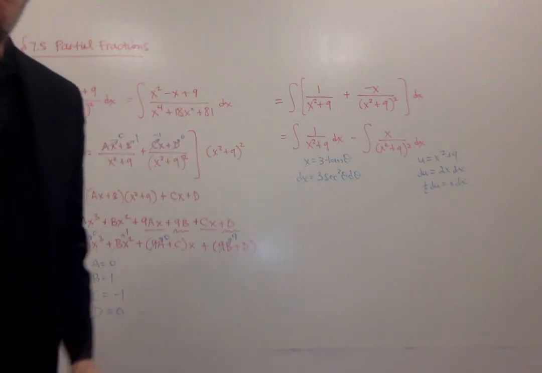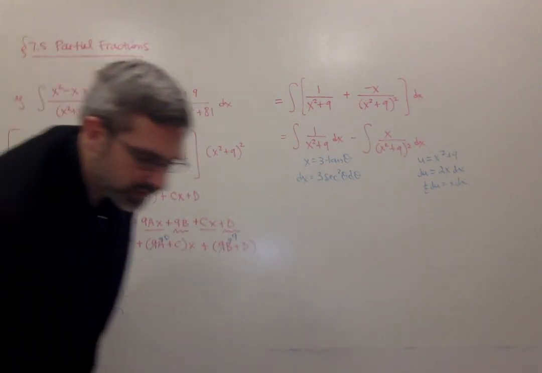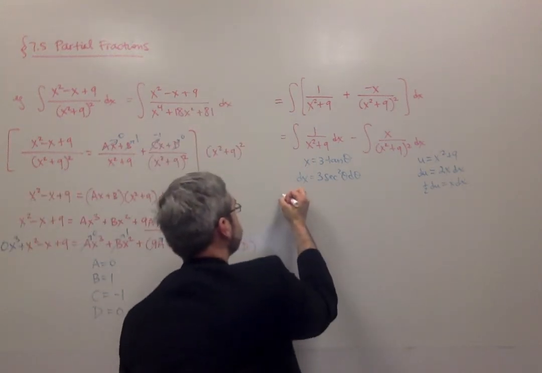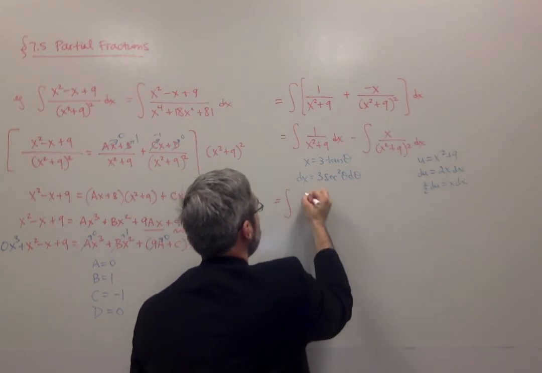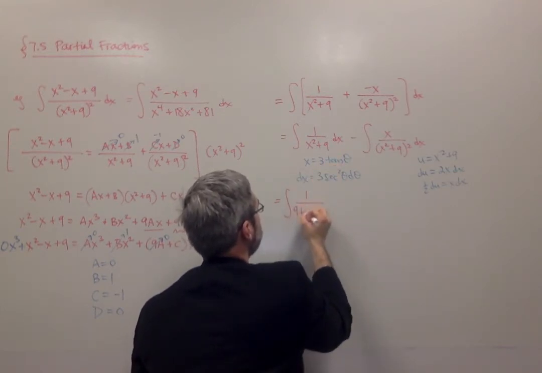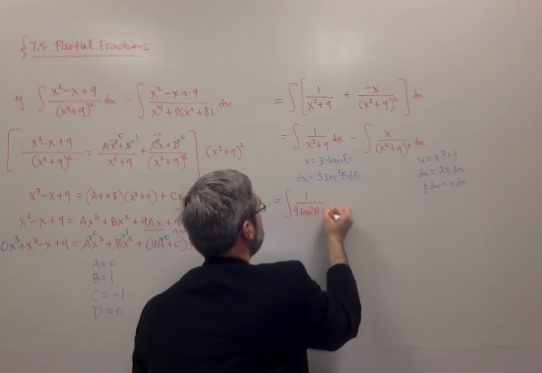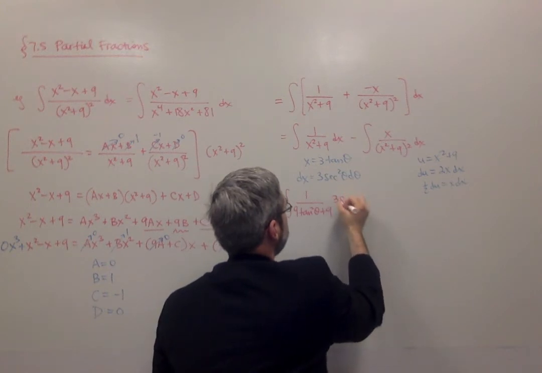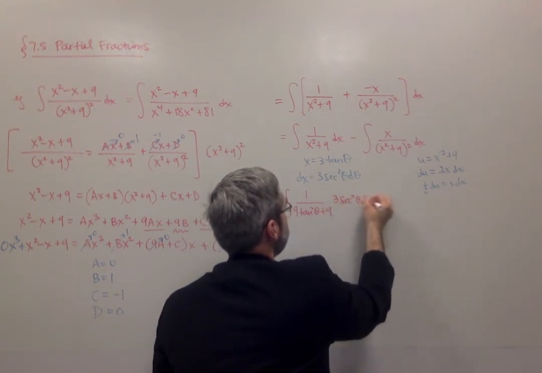Okay, so let's try each of those two integrals now. So for this first one, I've got 1 over x squared is now 9 tangent squared theta plus 9. And the dx is 3 secant squared theta d theta.